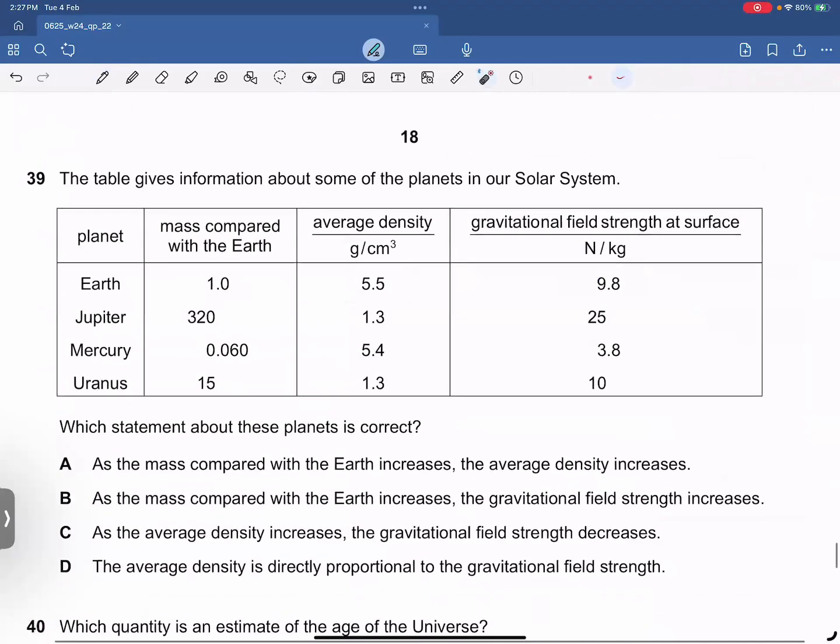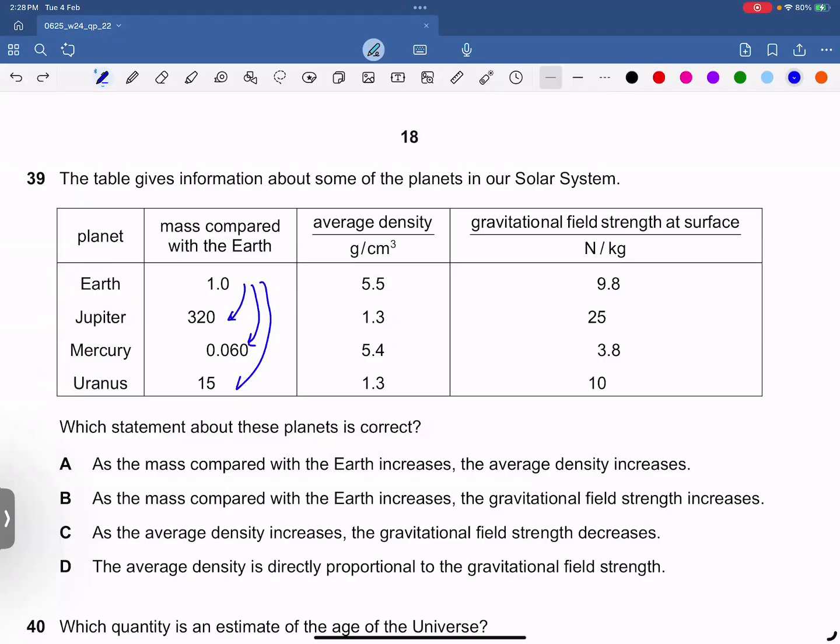Question number 39. The table gives information about some of the planets in our solar system: Earth, Jupiter, Mercury, Uranus. Which statement about these planets is correct? So look at that. Earth, more mass, less mass, more mass. Density: less density, more.